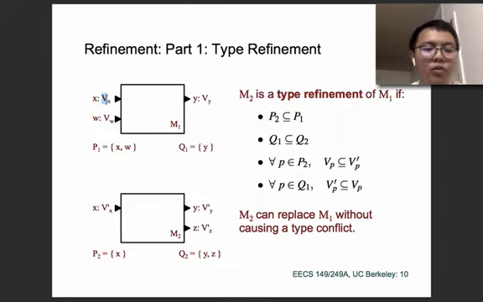And we have two conditions. First, we may need V sub X to be a subset of V sub X prime. And second, we may need V sub X prime to be a subset of V sub X, which is not true.